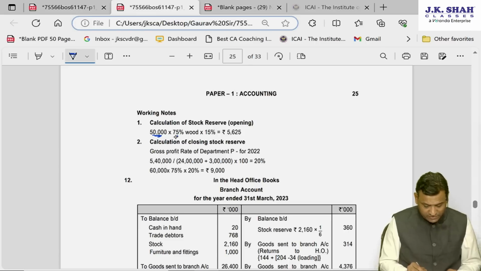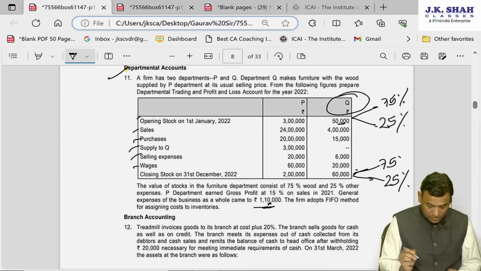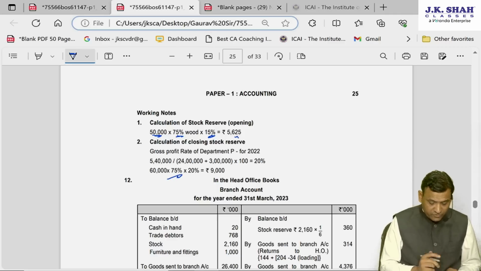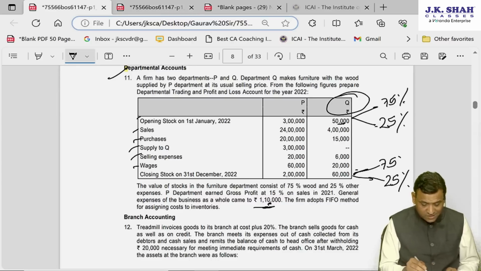So 50,000 into 75% is wood, and on that 15%, that is nothing but 5,625. Same way, closing stock 60,000 into 75%. But now, can I do 15%? You'll say, why not, sir? No, my dear friends, look properly.